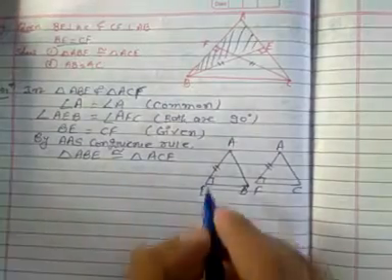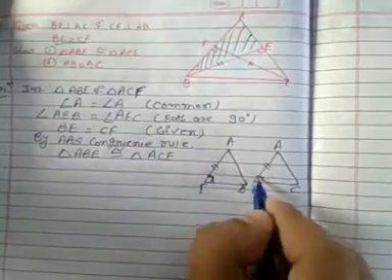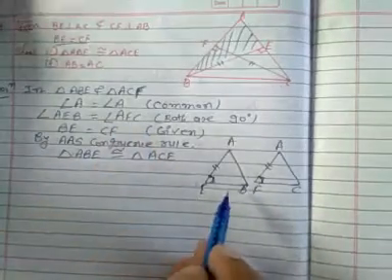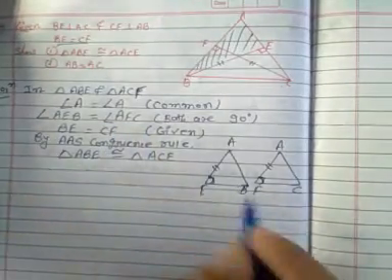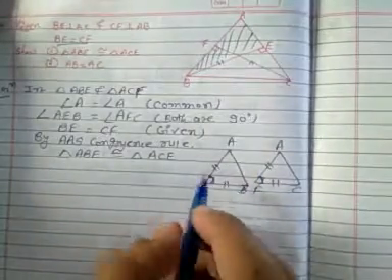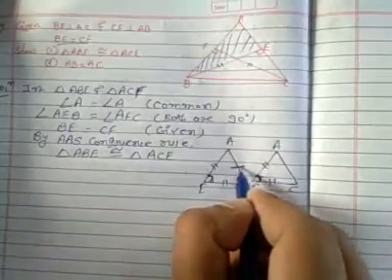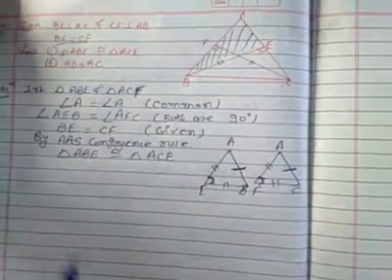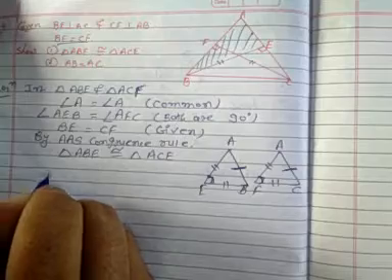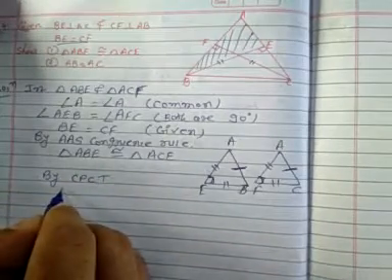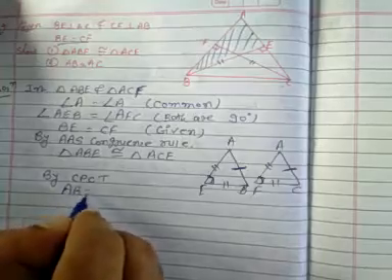E and F both are equal because both are 90 degrees. And we also saw that BE is equal to CF. That's why by congruence we can say that AB is equal to AC.